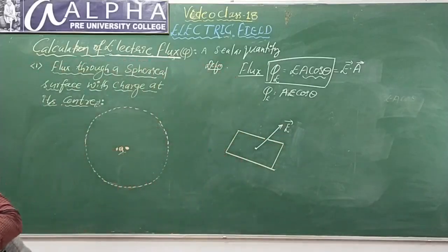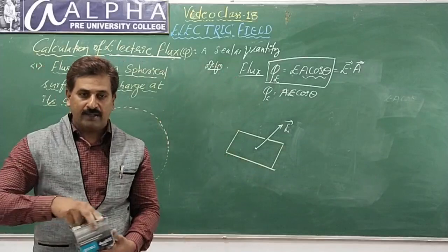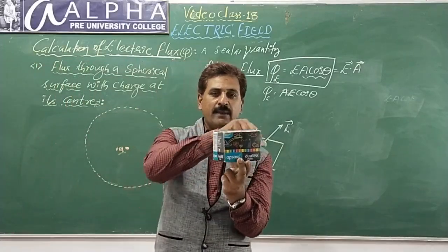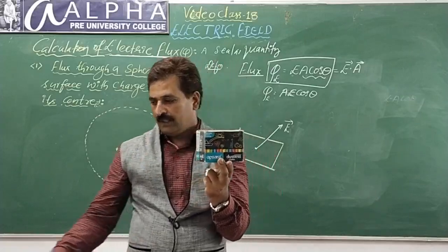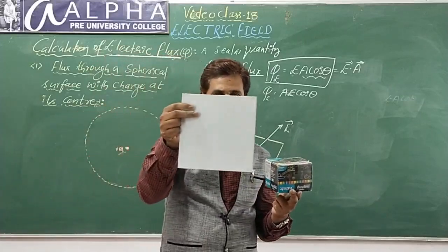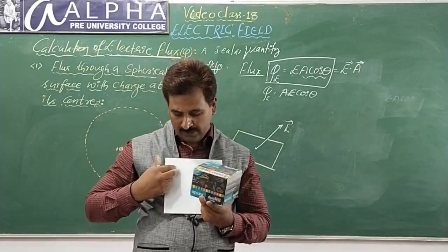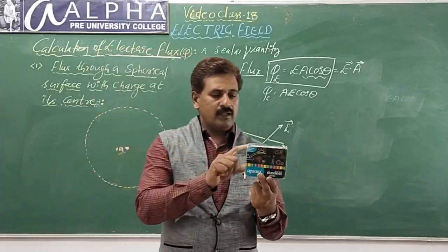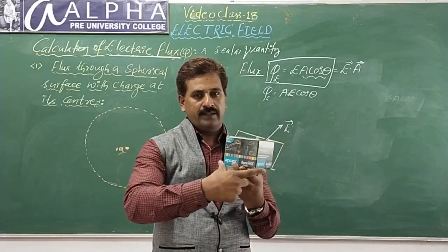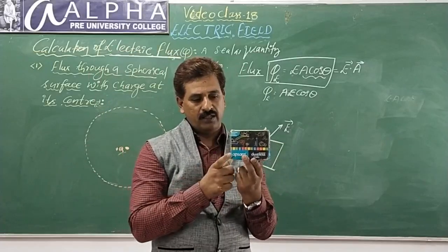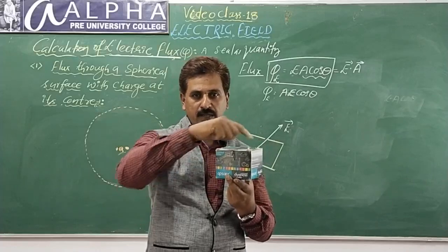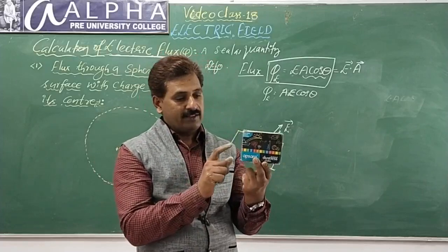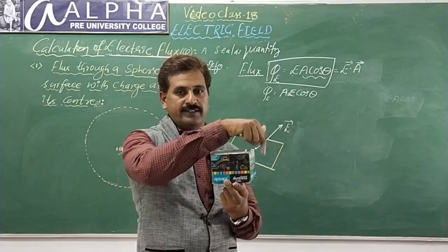Now another case, to treat normal as a vector. Look here, there is a box, a cubical box. This is a three-dimensional object, a 3D object. If you consider only a surface, it is a 2D object, length and breadth. Look here, this is length and this is breadth. But here, length, breadth, height, three are there. Here, how many surfaces are there? 1, 2, 3, 4, 5, 6.